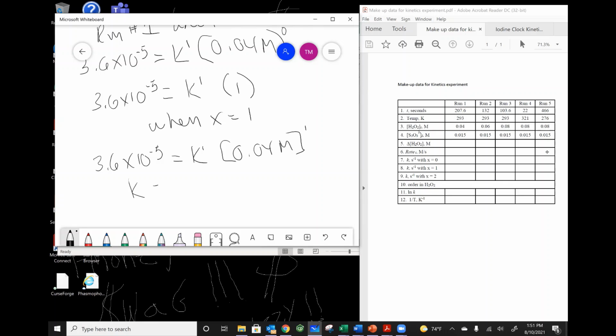So K is going to be equal to 3.6 times 10 to the minus 5 divided by 0.04 molar, and this is in molar per second.